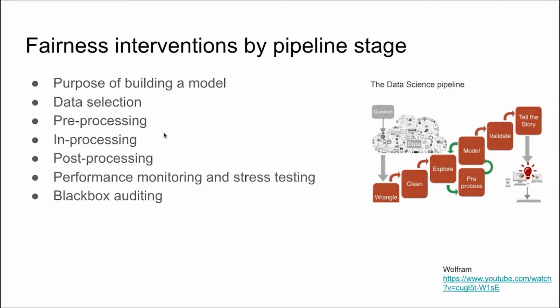Then there are three phases: pre-processing, in-processing, and post-processing. These refer to ways in which you actually change your data to make it have a less discriminatory outcome according to whatever fairness metric you choose. It can be a group fairness metric, like different groups should have the same error statistics.